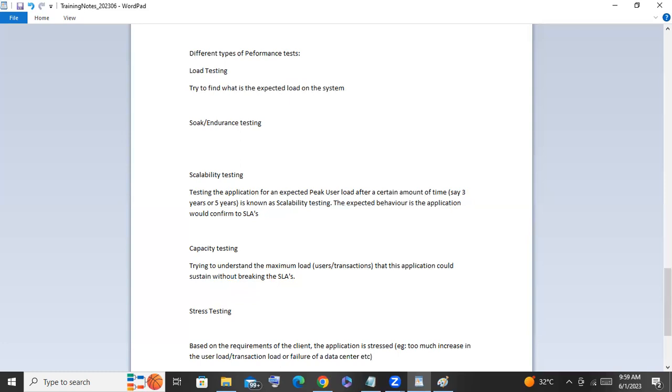This is not the exact scenario. Try to find out the behavior of the application.